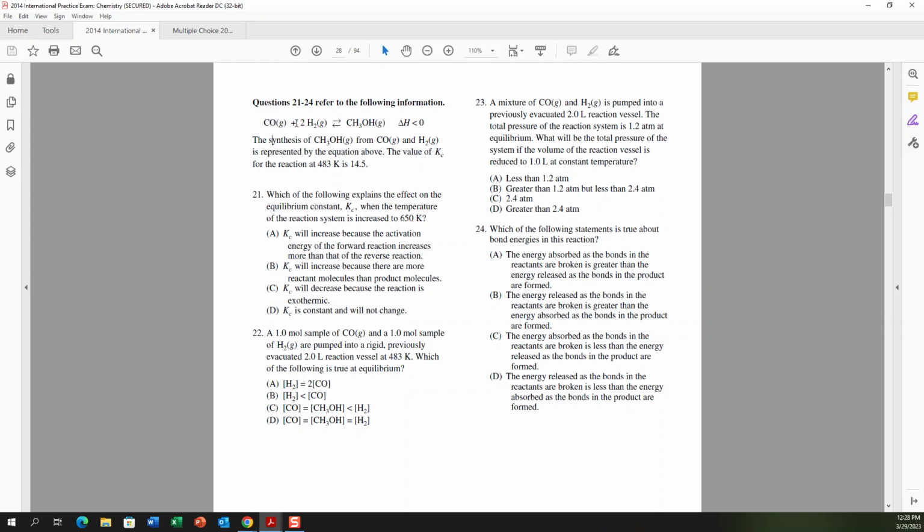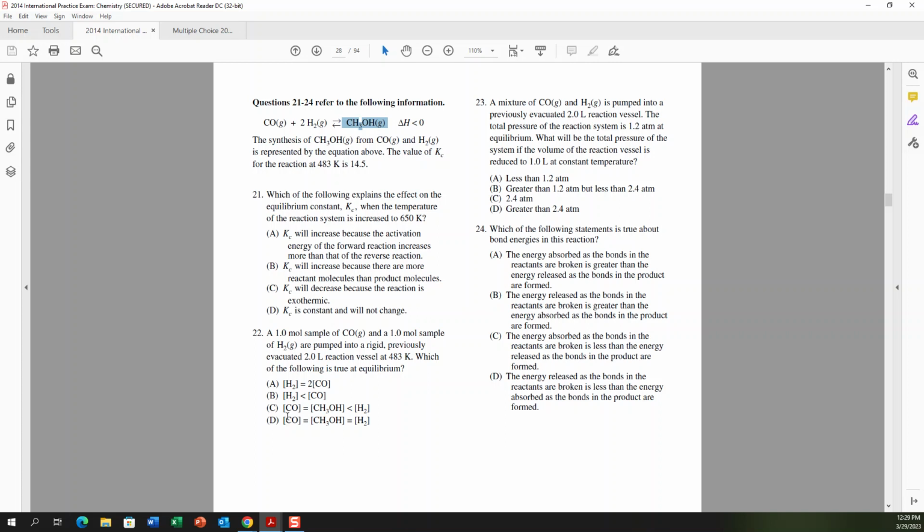And we started with equal moles of these, but we're going to lose the hydrogen twice as fast as we lose the CO. So we know when equilibrium is established, we're going to have lost more hydrogen than CO. And since we started with the same amount, we're going to have less hydrogen than CO. So B would be true. And because Keq is greater than 1, we're probably going to end up with more product than anything else.